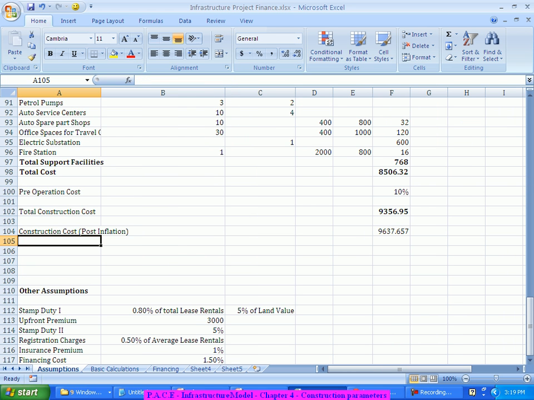This is what will directly become, so you see, this has become 9,637 lakhs, whereas earlier it was 9,356 lakhs. Because the second year's costs are associated with inflation, that cost we have taken care of. So the construction cost has actually gone up by a little extent because of that extra inflation that we are putting into it.